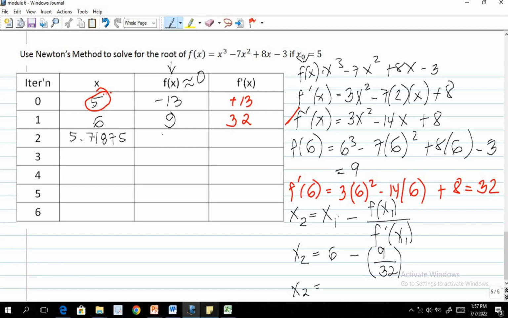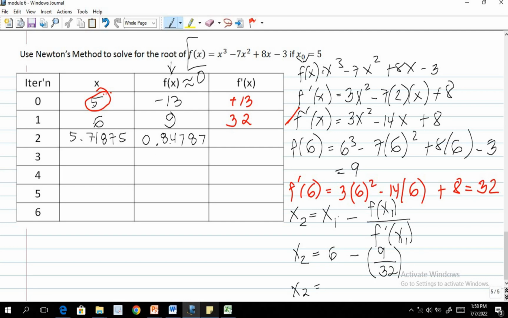Sundan ba? Okay. Ngayon, itong value ng x sa may iteration 2, substitute that dito sa may equation ng f of x. You're going to substitute itong 5.71875 dito sa may function of x. That is equal to 0.84787. Okay?